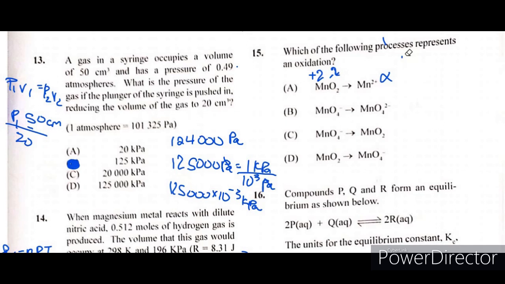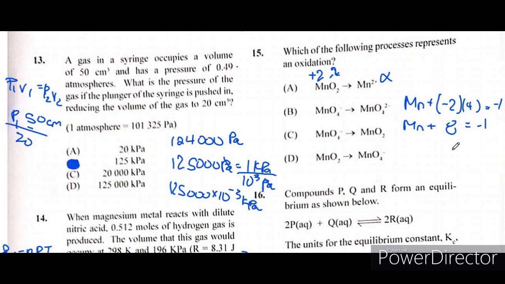Now this is MnO4 minus, so this ion has a charge of -1, so Mn plus -2 times 4 is equal to -1. 2 4s are 8, so Mn plus -8 is equal to -1.